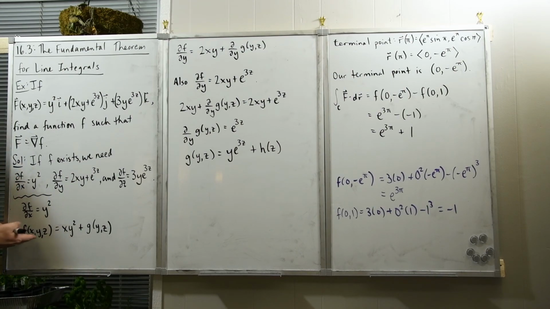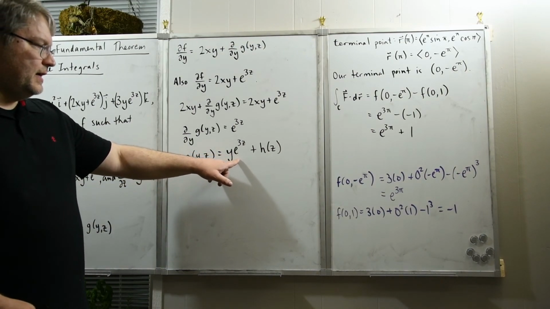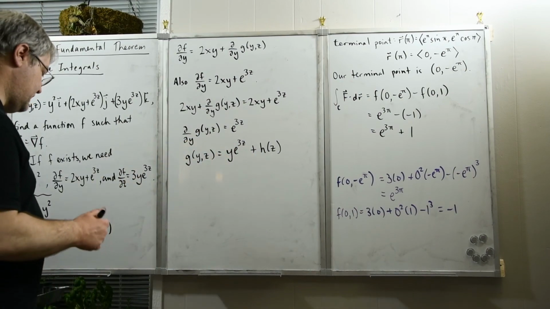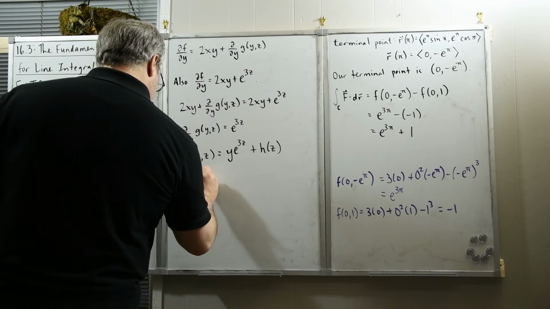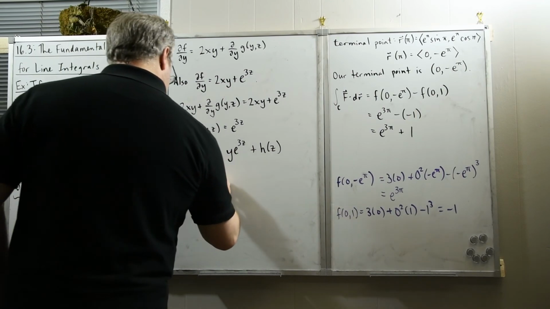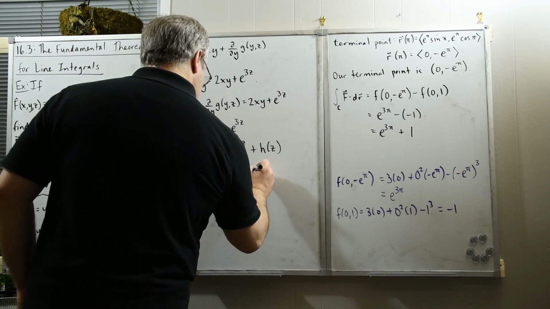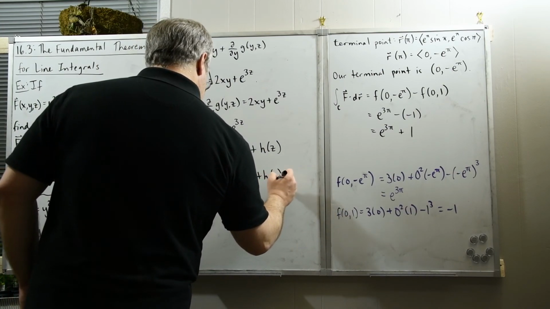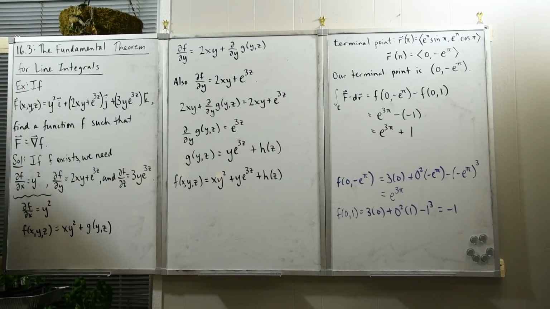We now know that this f of xyz is going to be xy squared plus g of yz, where g of yz is y e to the 3z plus h of z. So we can go ahead and modify that f. And we're almost there, because now what we have to do is figure out what this h of z is.